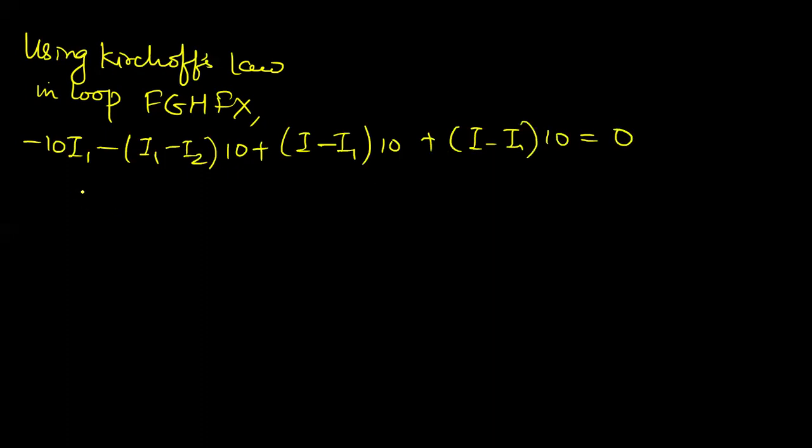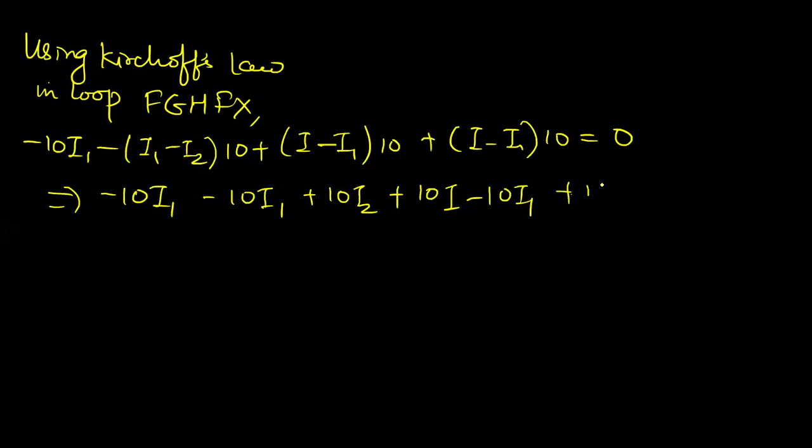Open the brackets and take I1 terms together: minus 10I1, minus 10I1, minus minus plus 10I2, plus 10I, minus 10I1, and plus 10I, minus 10I1 equal to 0. Here there are more I1 terms, so this will be minus 40I1 plus 20I.